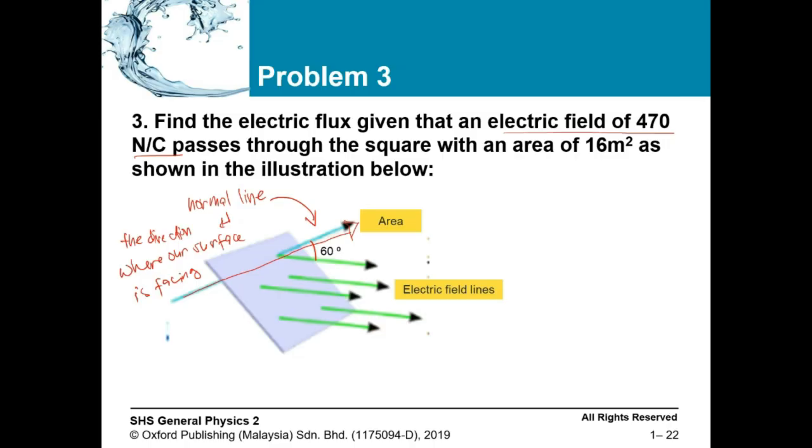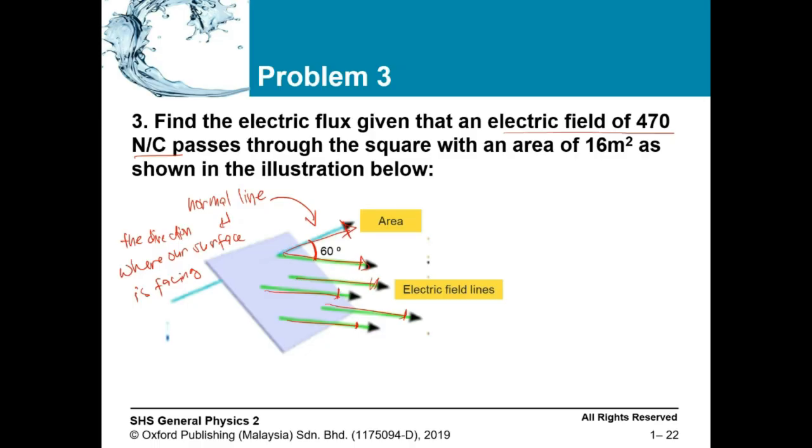It indicates where our surface is facing. For this image, our surface is facing up here. And these green lines here are our electric field lines. Therefore, the 60 degrees here is the angle between the normal line and our electric field.